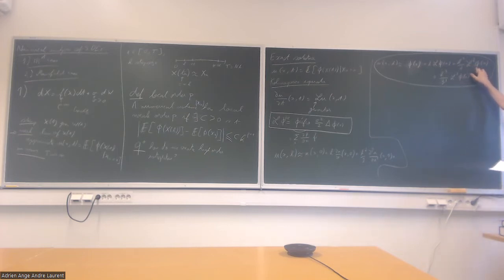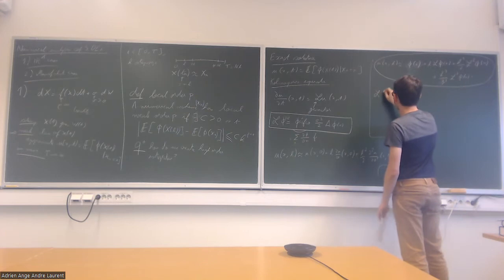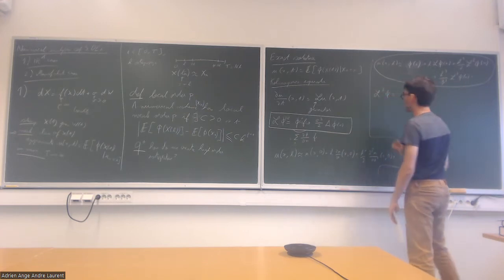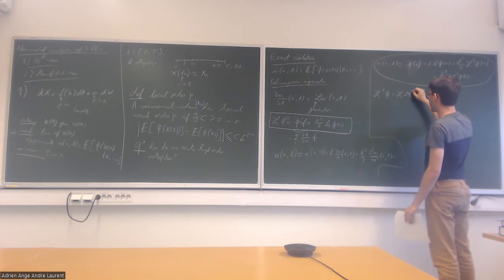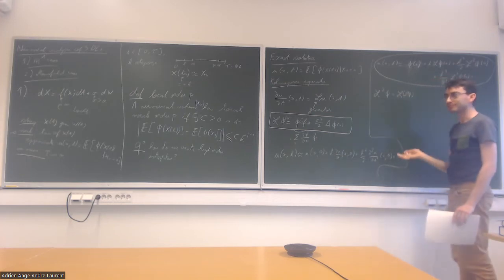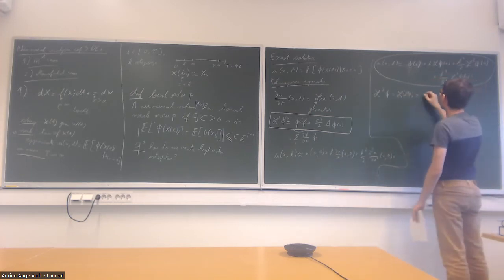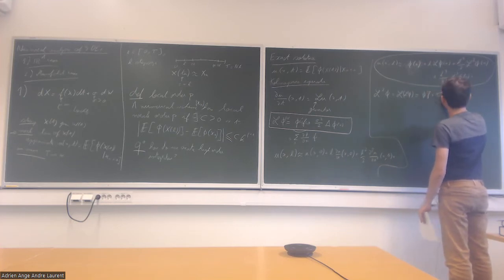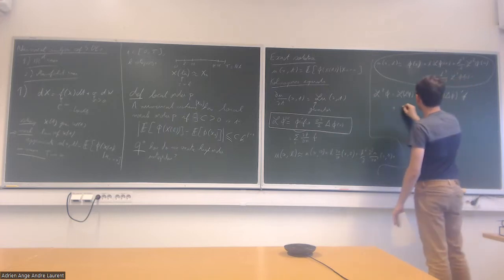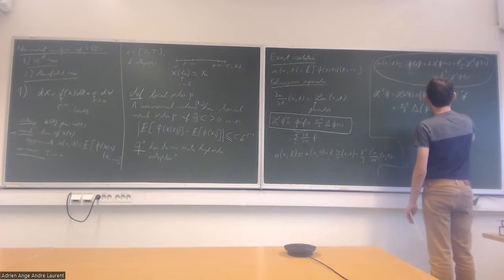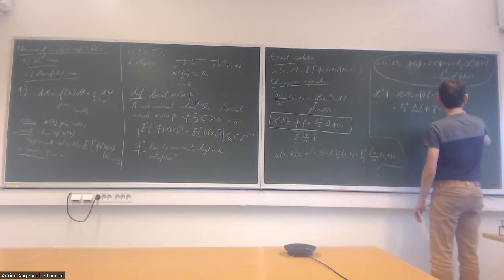Let's compute it. So L squared phi is equal to L applied to L phi. So it's phi prime f plus sigma squared over 2 Laplacian of phi, then L applied to that: phi prime f plus sigma squared over 2 Laplacian of phi prime f plus sigma squared over 2 Laplacian of phi.